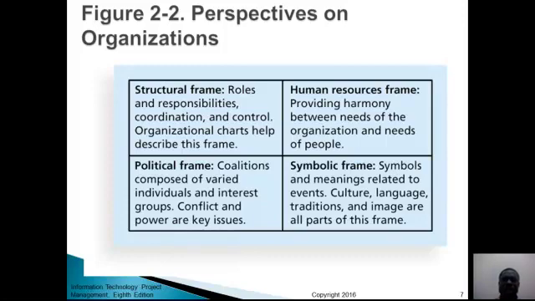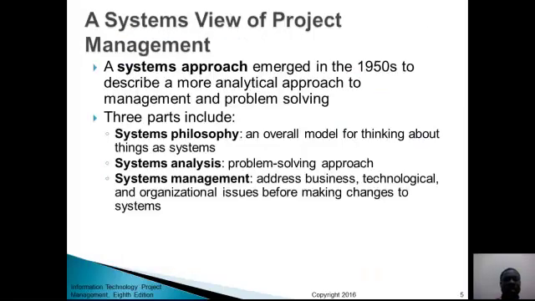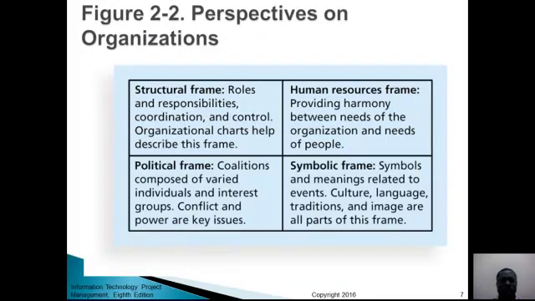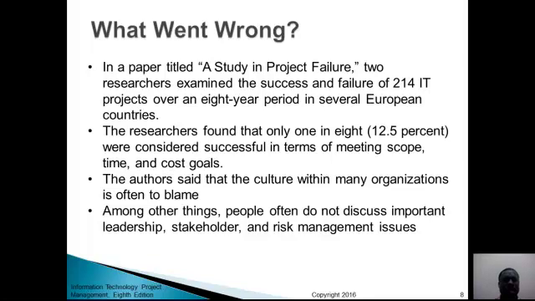Organization charts help describe this frame. And then we have the human resource frame, the symbolic frame, and the political frame within each organization. Let me go back. We will explain all these concepts further. All these work on the perspective on the organization. So let's look at this.